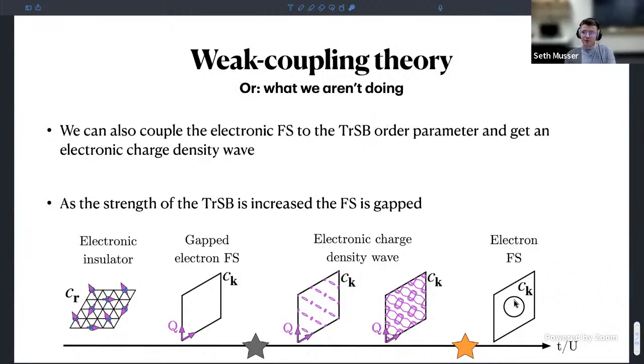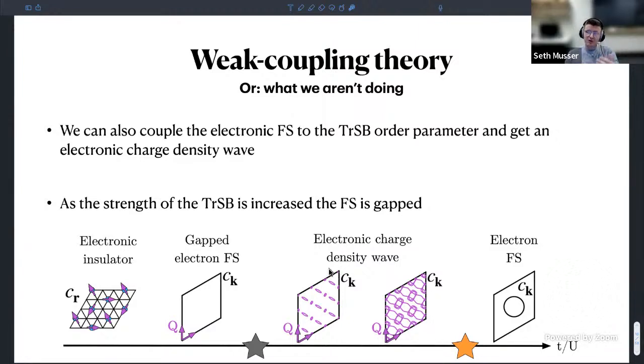We can take this electron Fermi surface at 1/6 filling in the electrons, and we can couple it to this charge density wave. Once we start to get a non-zero charge density wave order parameter at this critical point, that will reconstruct our electronic Fermi surface, and we'll get an electronic charge density wave.